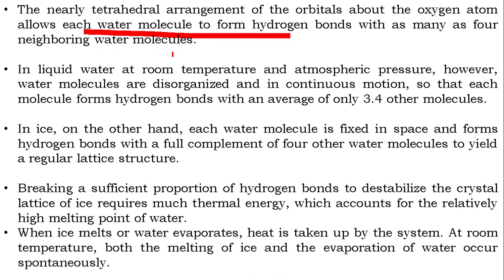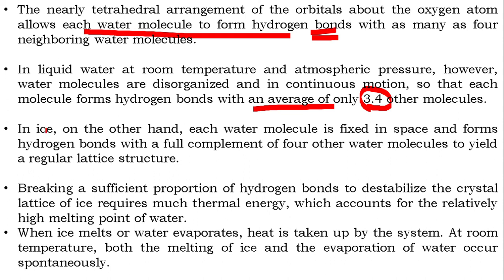While in liquid water at room temperature and atmospheric pressure, one water molecule is forming hydrogen bonds with only 3.4 other molecules. And what about this one? This is about solid water, that means ice.